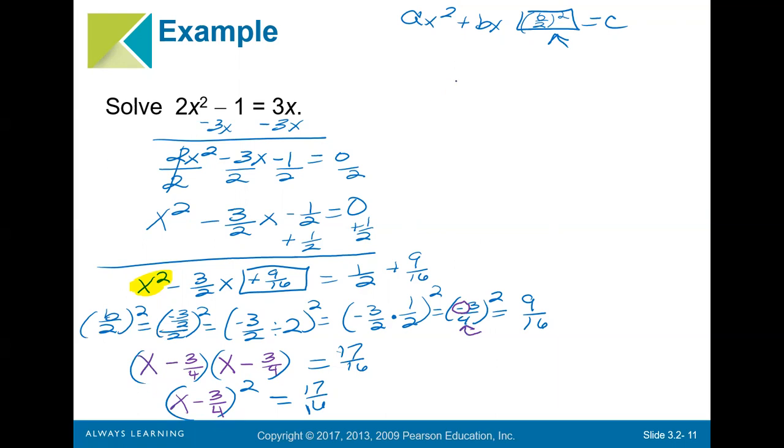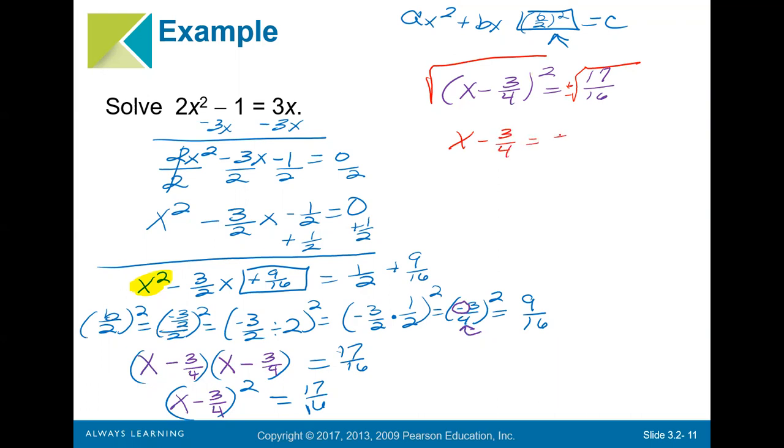So I have this parentheses going on right here, raised to the square, equal to this 17/16. I need to undo this power here. So what I'm going to do is take the square root of both sides. And remember, I get a plus or minus because it's an even root. So now that square rooted reduces down and leaves me with the radicand.